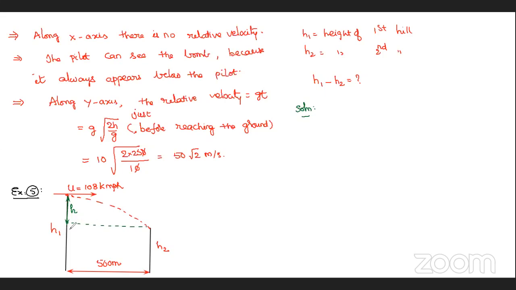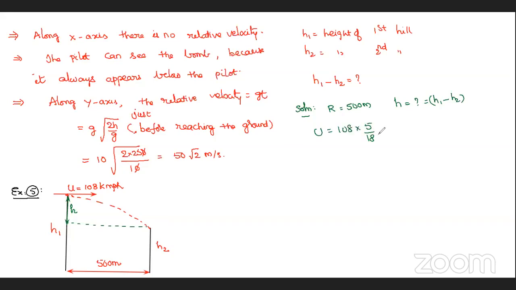The range, the distance between the two valleys, R, is given as 500 meters. The height we require, which is the difference between the two heights, is H, which is H1 minus H2.